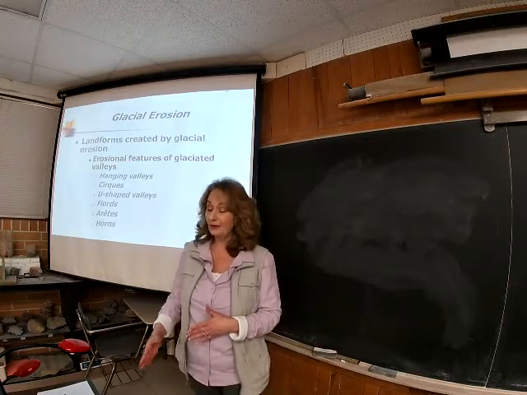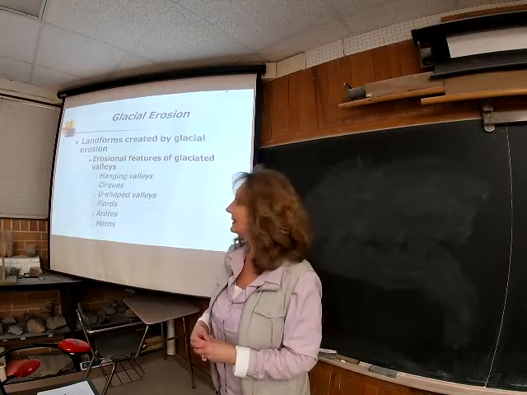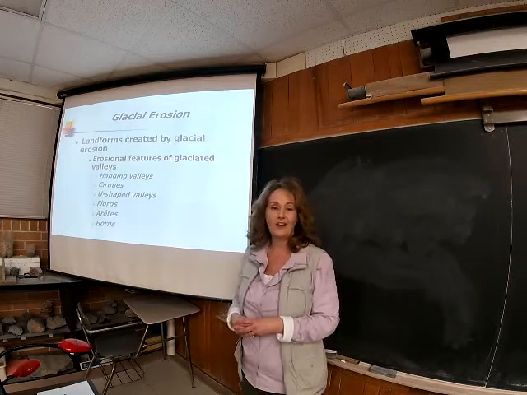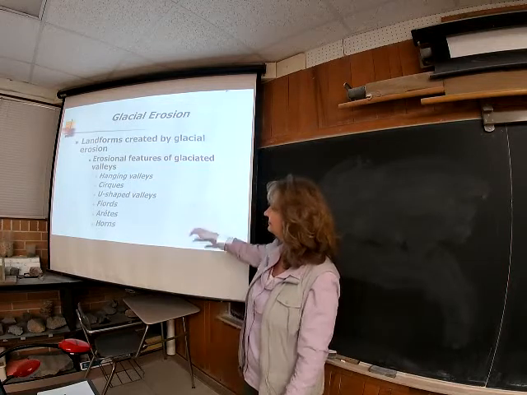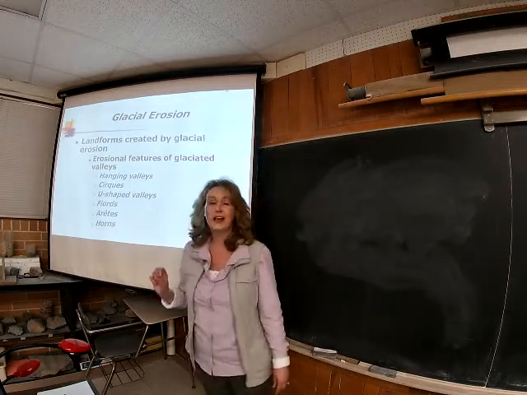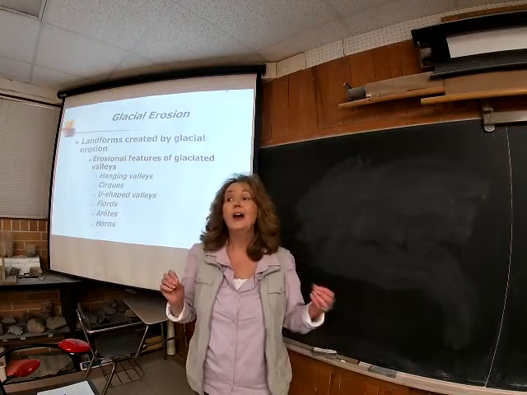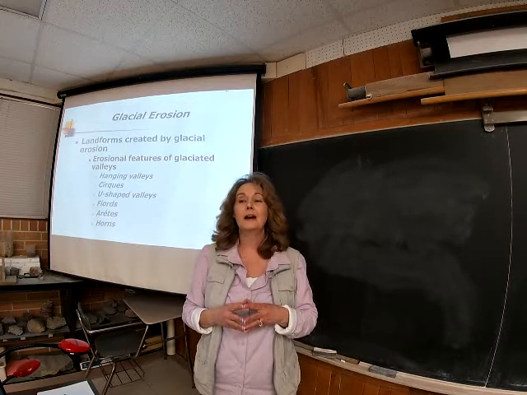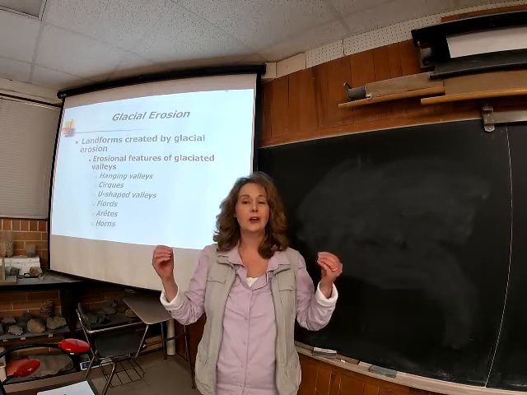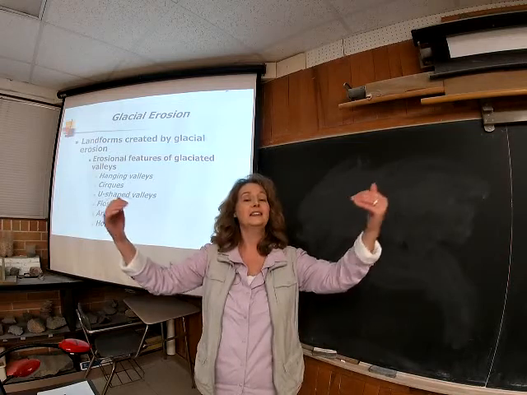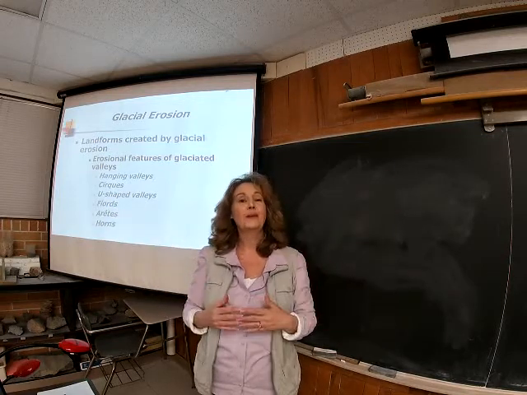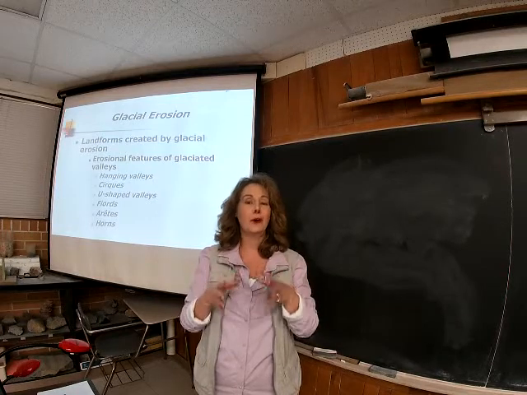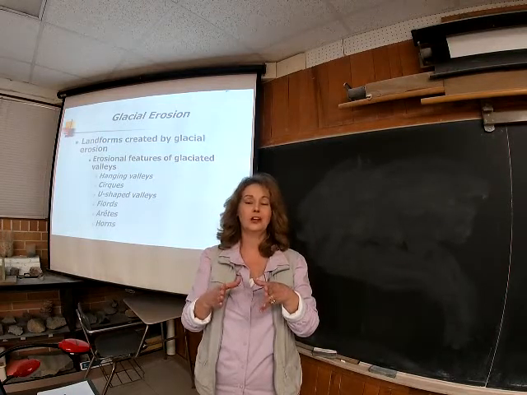Same thing holds for our glaciers here. So they've listed several things here, erosional features of glaciated valleys, and I think they'll have images of each of these. But hanging valleys. So hanging valleys are, if you think of a mountainous terrain, an alpine type of valley, and you've got your glaciers coming along, you actually will have ancillary glaciers coming from the side, similar to our tributary streams that fed into our main stream channel.